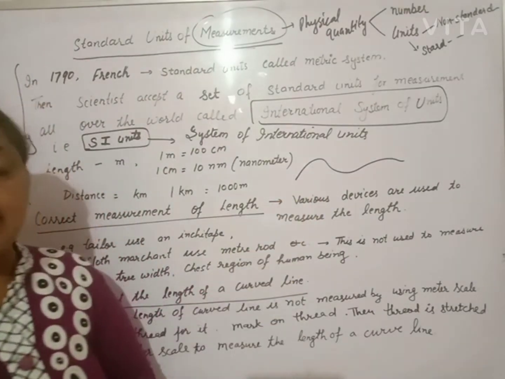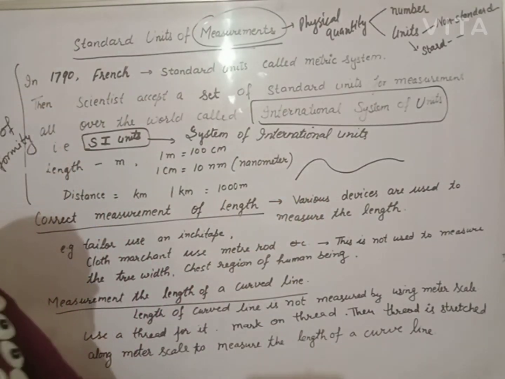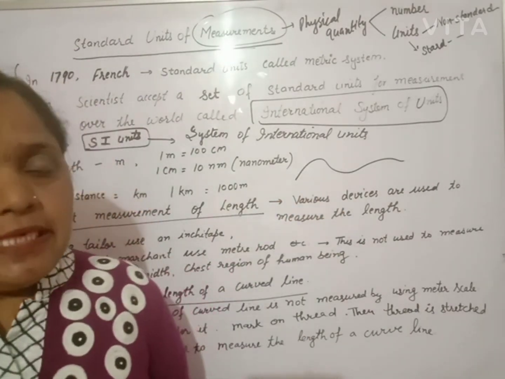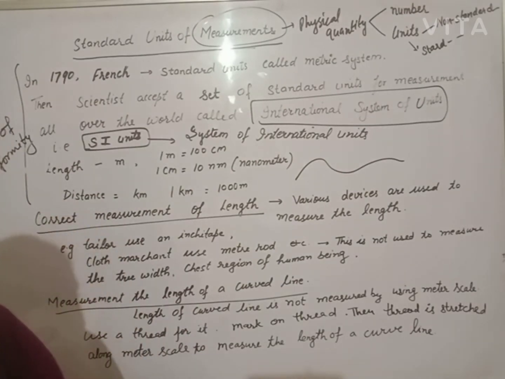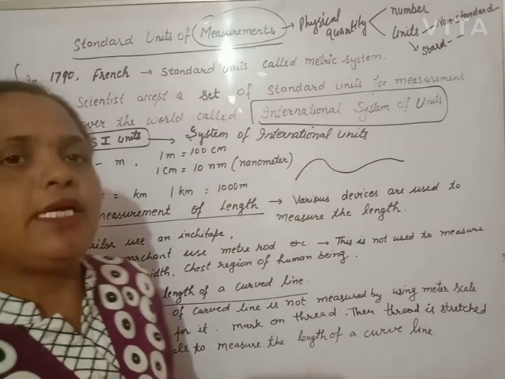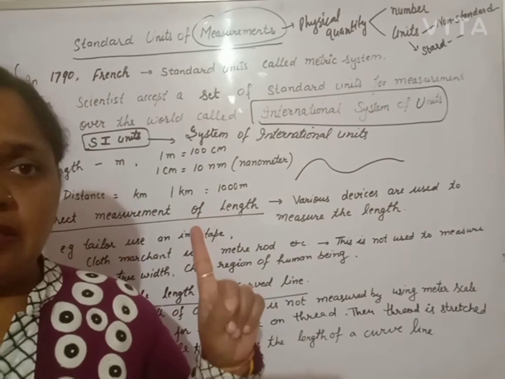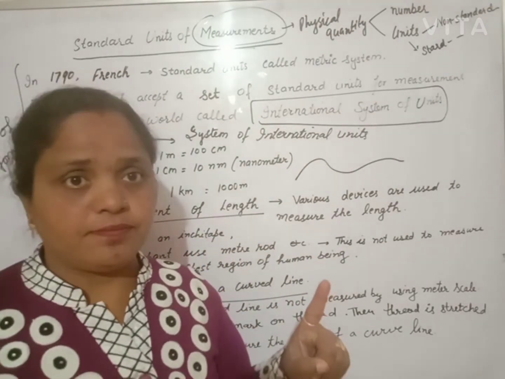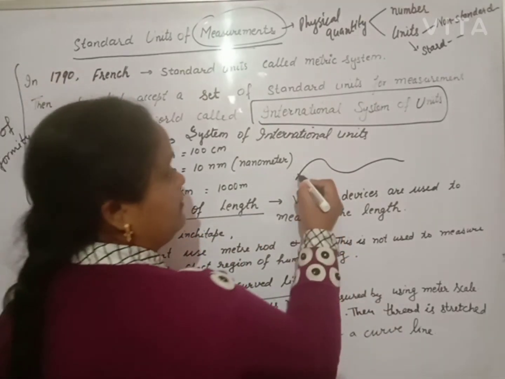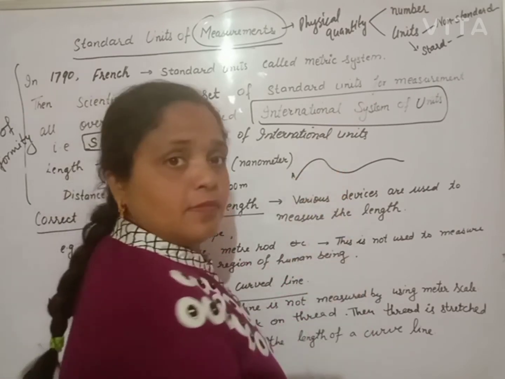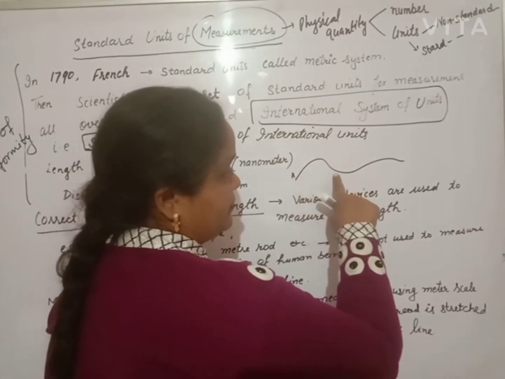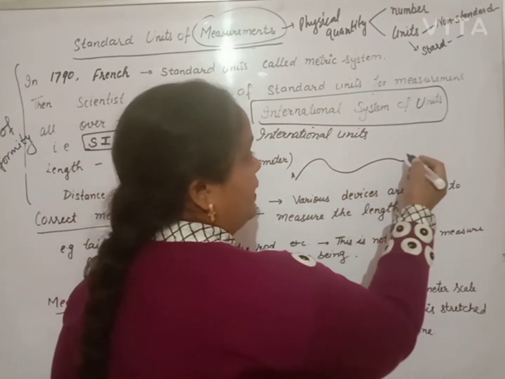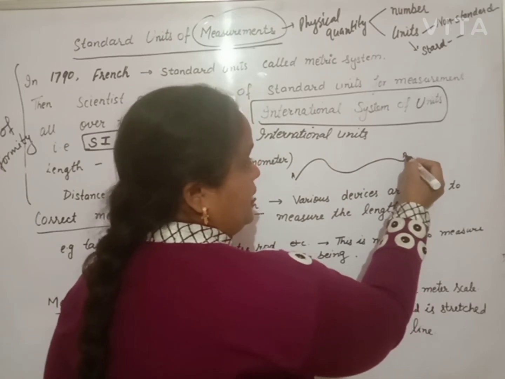How will the length of this line be measured? Inch tape can't be used. Metric rod can't be used. Simple scale can't be used. Then what happens? Better, you will take a thread. Put the thread at one end along this line like this and mark the thread up to the other end.